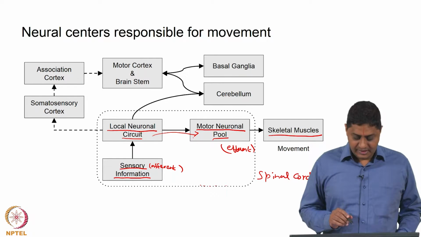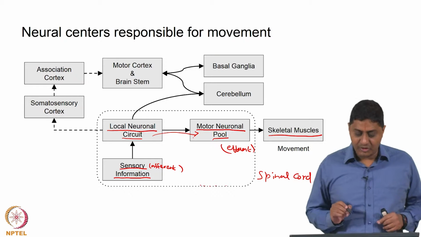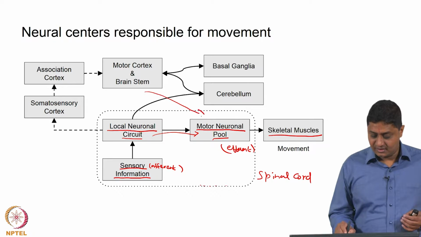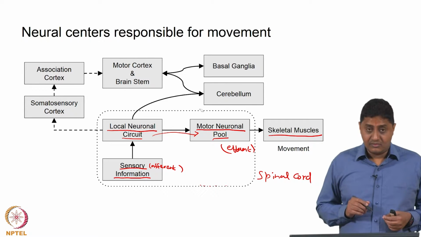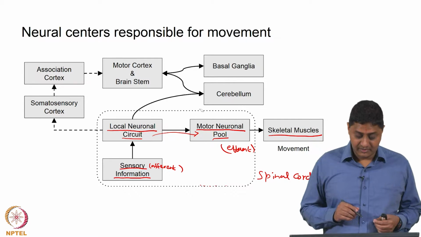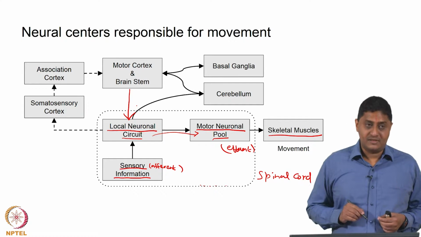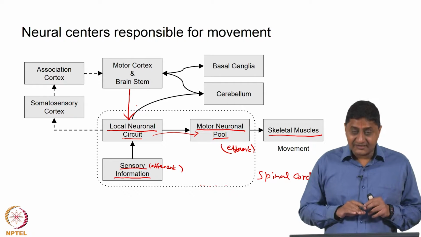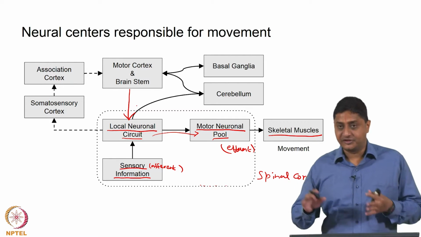Okay. Importantly, it is worth noting that the alpha motor neuronal pools do not receive information from the higher centers directly. This is not happening. What is happening is this, right. Information from the motor cortex and brain stem goes to the spinal cord, and it is the spinal cord that communicates with the alpha motor neuronal pool and further causes movement.